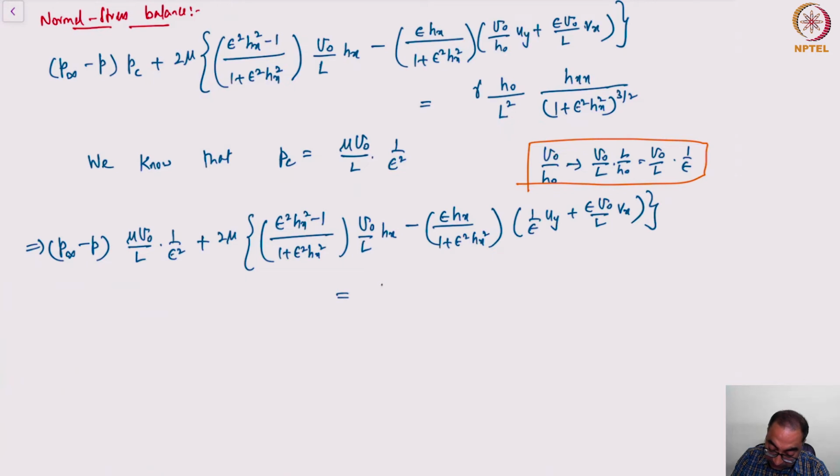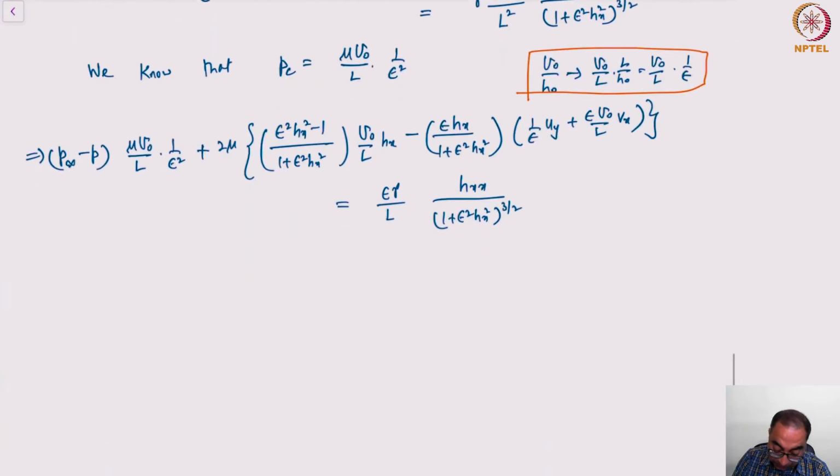And on the right hand side we have gamma h naught by L square. Gamma h naught by L square can also be written as epsilon gamma by L, because h naught by L is epsilon, times hxx by 1 plus epsilon square hx square whole power 3 by 2. Okay.